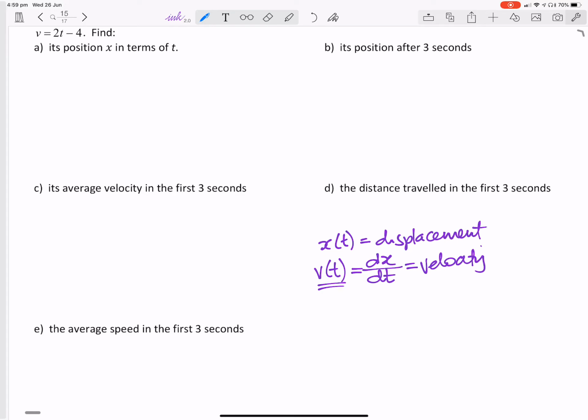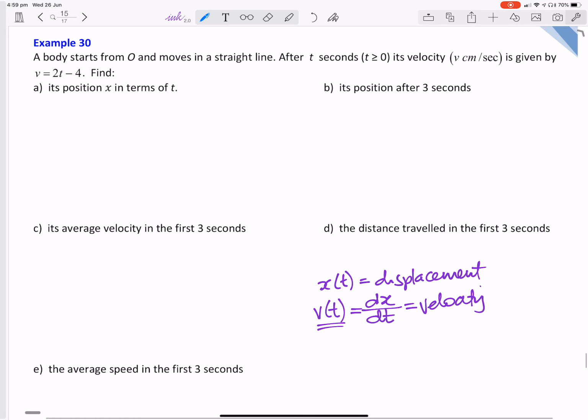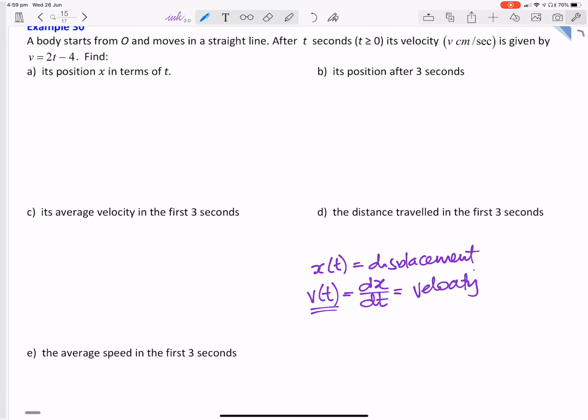It will be either positive or negative because velocity is what's known as a vector, so it can have direction. Whereas if I said to you, what's the speed at a specific time? That's the magnitude of that. However, we don't need to do this for methods. That's why I'm saying this is a bit frustrating. I don't think it's supposed to be covered in depth, but how much depth I don't actually know.